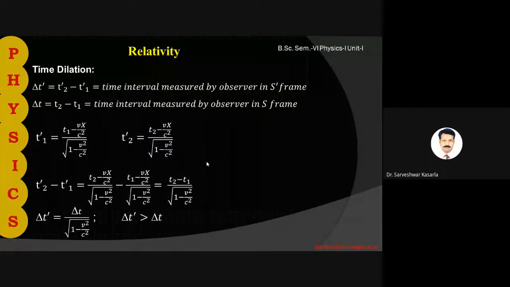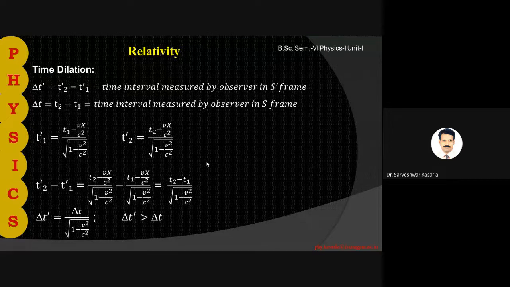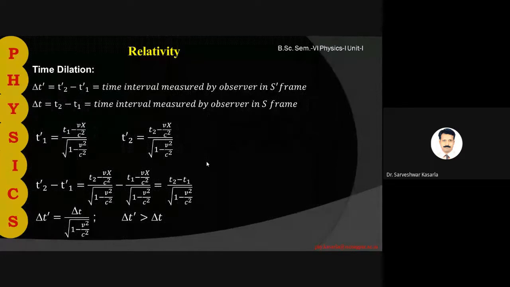So here delta t dash is greater than delta t. That means the time interval measured by the S dash frame is greater than the time interval measured by the stationary frame. Suppose a certain event is occurring, and we have to measure it from S dash frame as well as S frame.